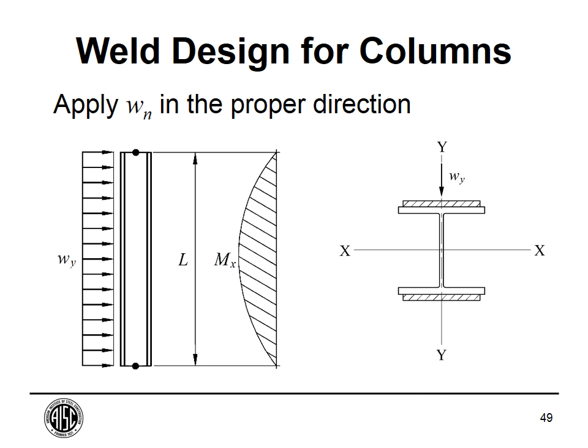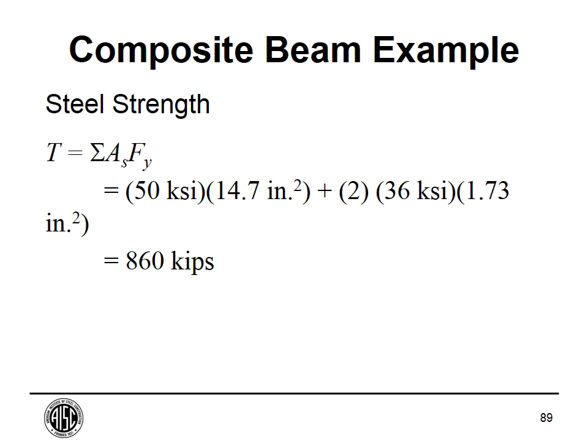Okay. I'm going to go to slide 89. All right, so in your design example, your wide flange beam is 50 KSI, and your reinforcement, your angles, are 36 KSI. The question is this: can you use two different yield strengths and still have strain compatibility?